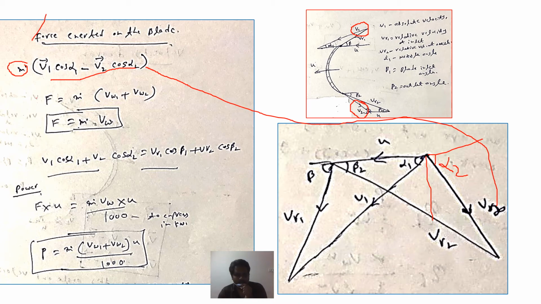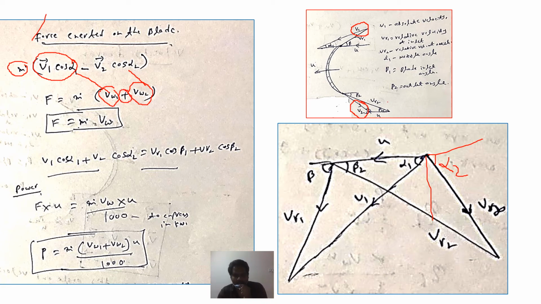Now the total force equals m dot into V1 cos alpha 1, which is the whirl velocity Vw1. Because of this force the blade is rotating. So that is whirl velocity Vw1, and the whirl velocity Vw2 at the exit is V2 cos alpha 2. Here it is plus because this portion is in the other direction, so we have written plus.